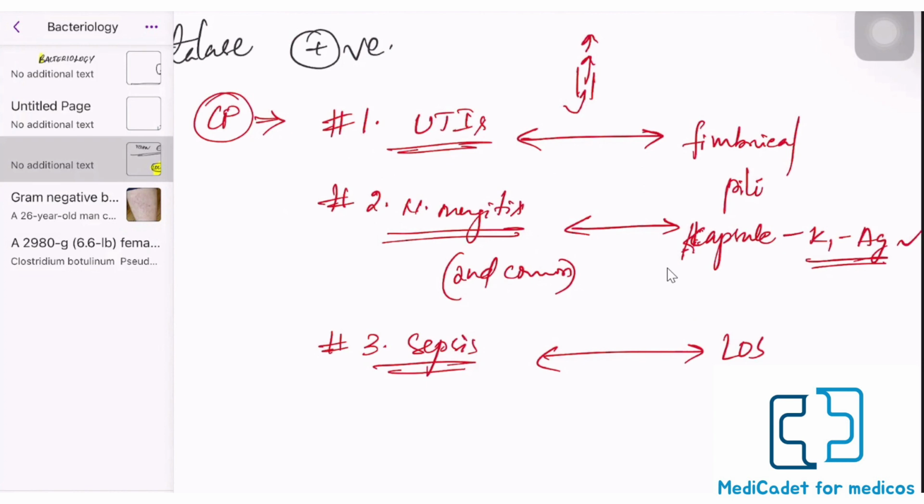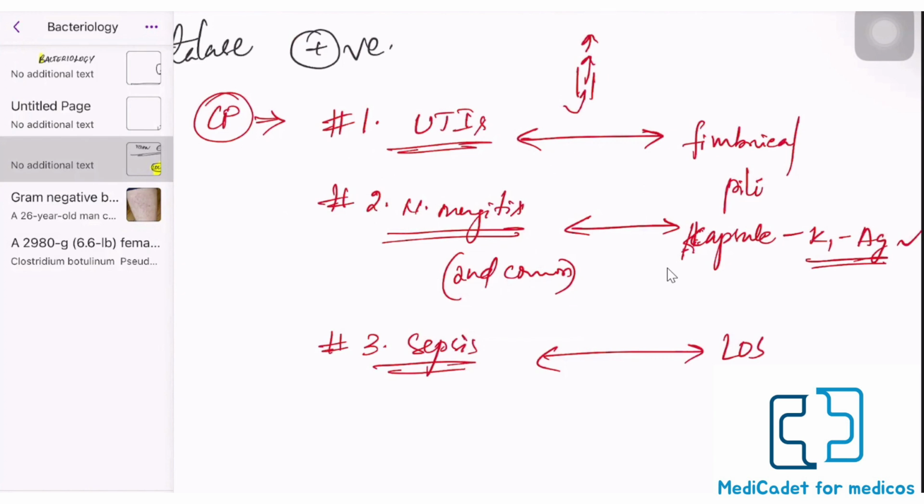Let's say they give you a presentation of sepsis, with options of fimbriae, K capsule, lipooligosaccharide, and so on, and ask which virulence factor is responsible. Of course, all three are virulence factors of E. coli, but when we are talking about sepsis, the correct one should be lipooligosaccharide. That's how you should be able to answer.